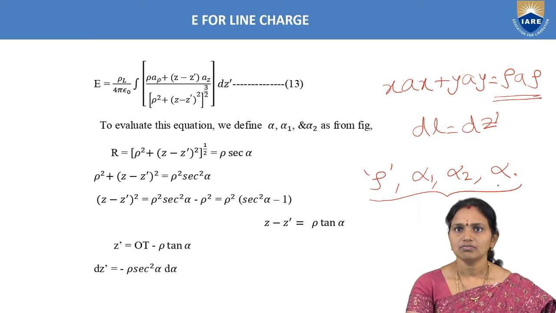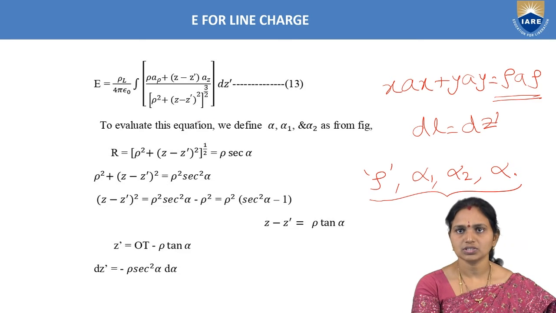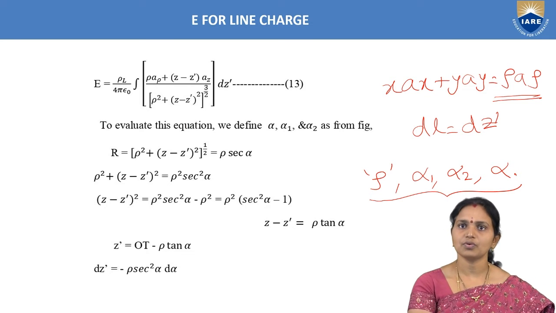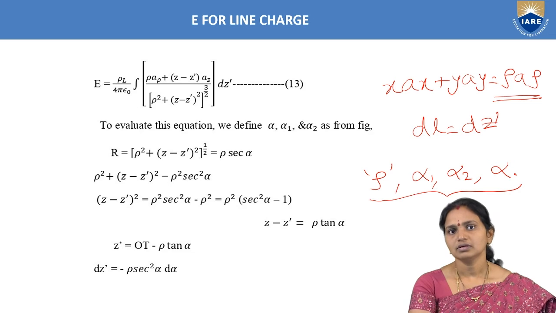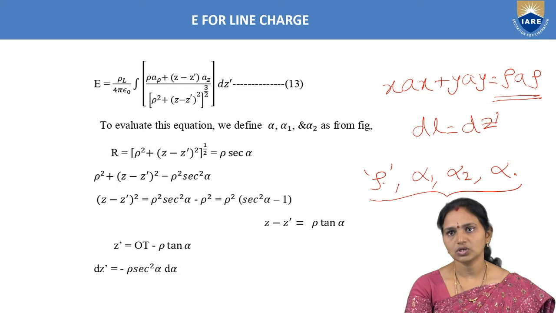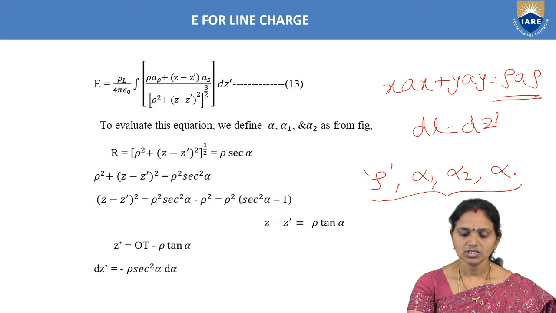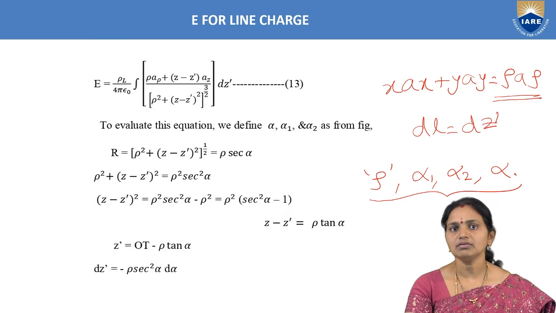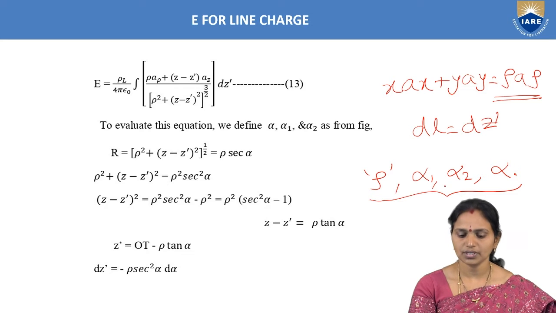For that, we must replace all the unknown parameters, or variable parameters with respect to the point on the z axis. So we have to replace the z dash parameters with the stable, known parameters: rho and the angular terms alpha 1, alpha 2 and alpha. For that, I am trying to replace z and z dash with these known parameters.